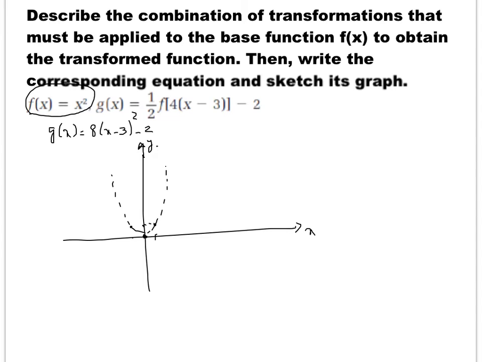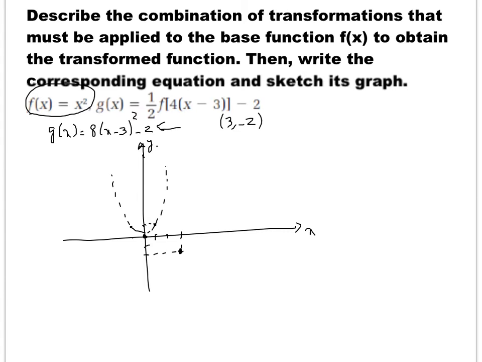Now, for the transformed function, I'm going to use this version because from here I can easily find the vertex. The vertex, as you remember, is the point 3 and negative 2. So x is 3 and y is negative 2, and my vertex is going to be here.